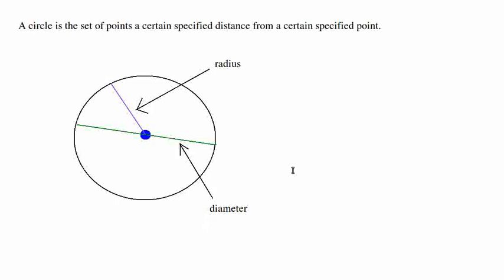Well, with a little bit of thought, you might see that if two circles have the same radius, then they might be congruent. And if you thought that, then you would be correct. Okay, so let me specify that. Two circles are congruent if they have the same radius. All right?